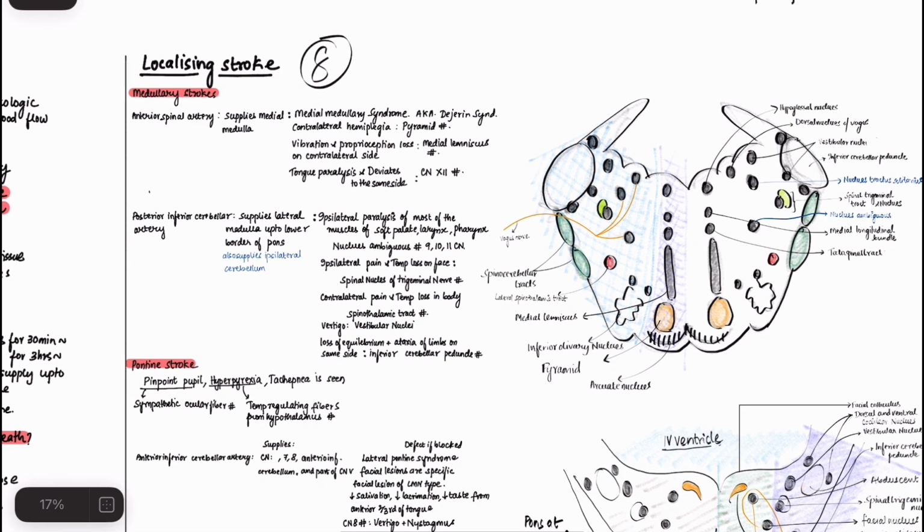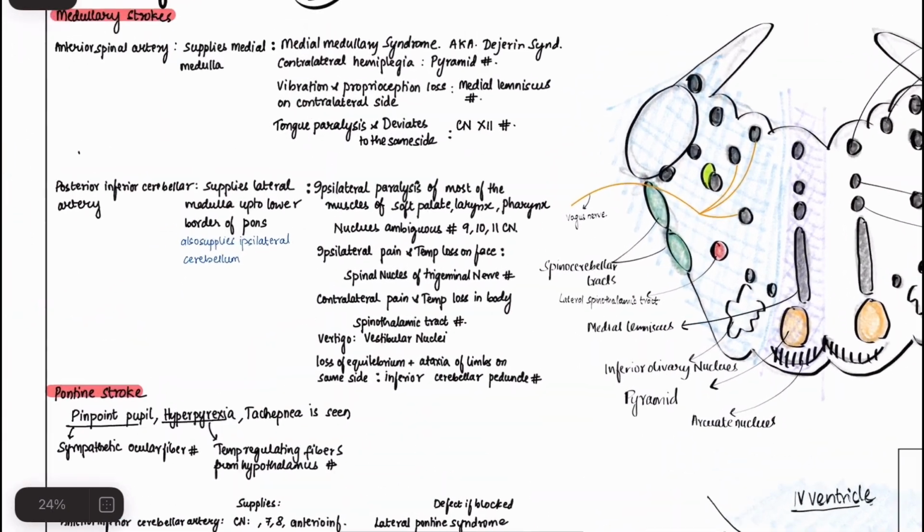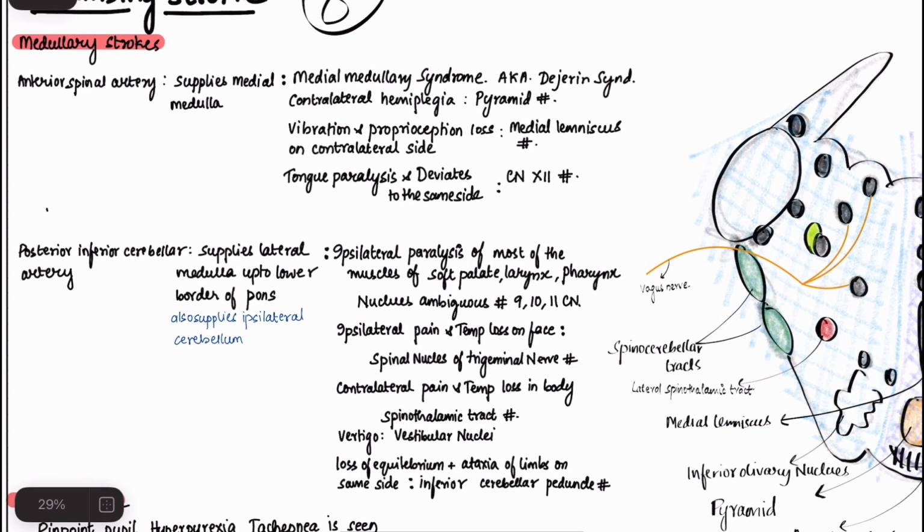As we've seen in the image above, there are many different arteries and each of them supply different areas of the brain, right? So based on the structures present in the areas that are supplied by these arteries and the deficits caused by the lack of blood supply to those parts, we can make a very educated guess as to which parts of the brain are affected.